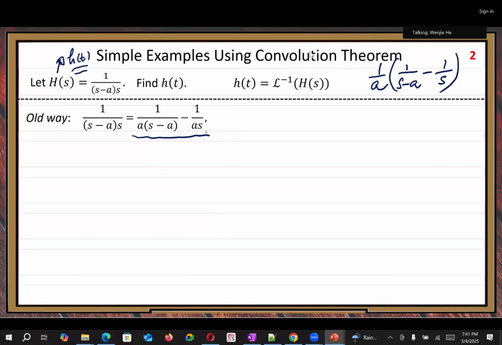But if you can do the split this way, you can practice, practice until you feel very comfortable, and then you can save several minutes in the test. So it's very valuable.